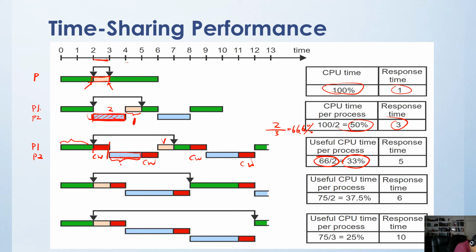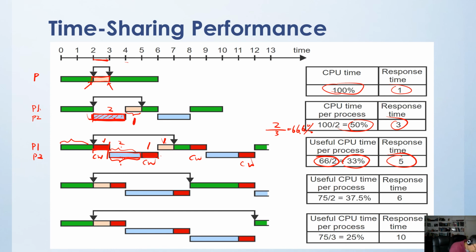And then you add additional context switching time, 1 again, plus the original 1. So it's 1 plus 2 plus 1 plus 1, so that's a total of 5.